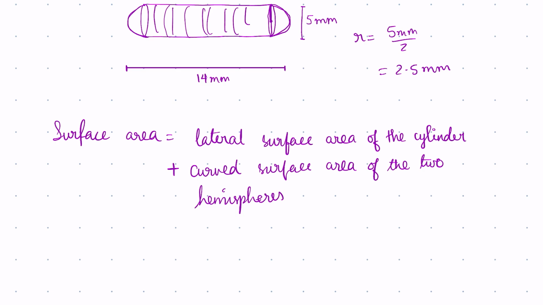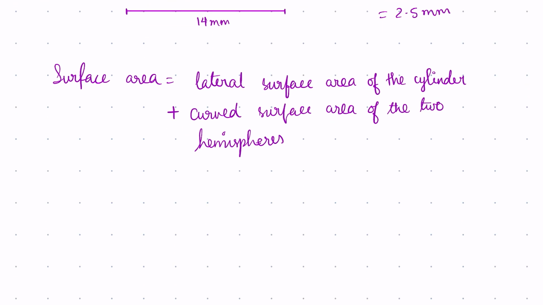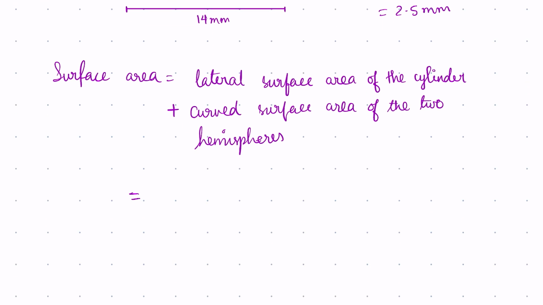So that's this area plus this area. Well, what is the lateral surface area of the cylinder? That is 2 times pi times r h plus, for the two hemispheres, 4 pi r squared. So the curved surface area of two hemispheres is also equal to the surface area of a full sphere, right, which is 4 pi r squared.